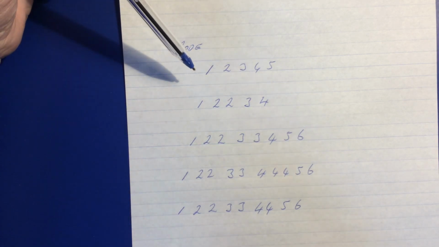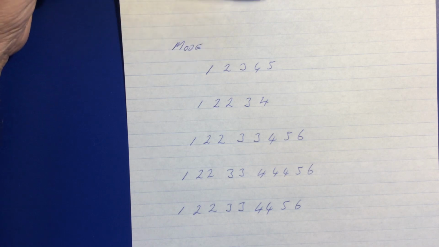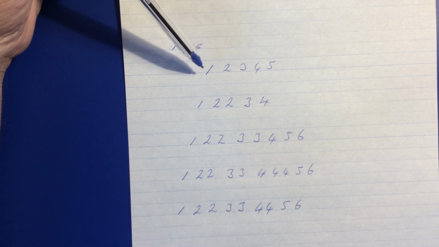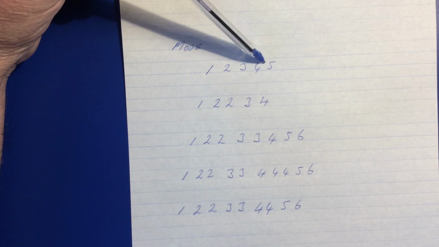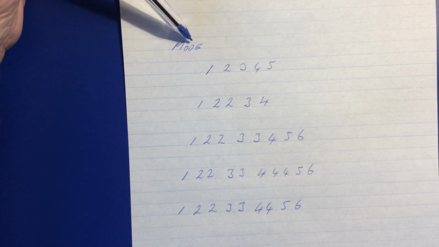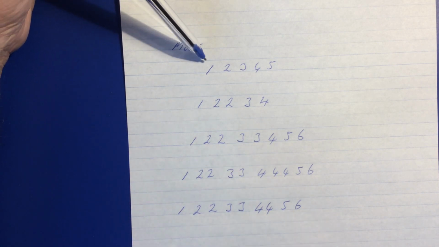And you're going to see why this is the most straightforward of the three, what are called measures of central tendency, to deal with. Anyway, this set of numbers has no mode. There is no number that occurs most frequently. That's what a mode is. It's the number that occurs most frequently in a set of data.